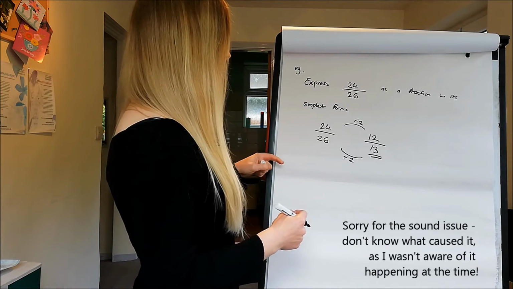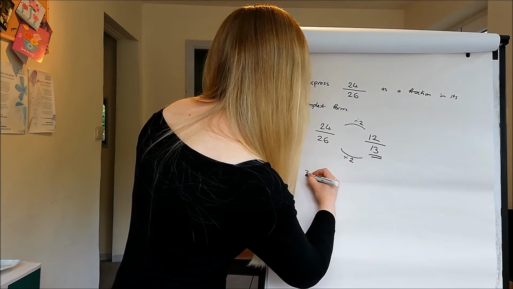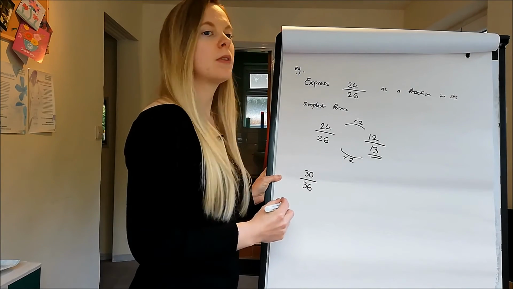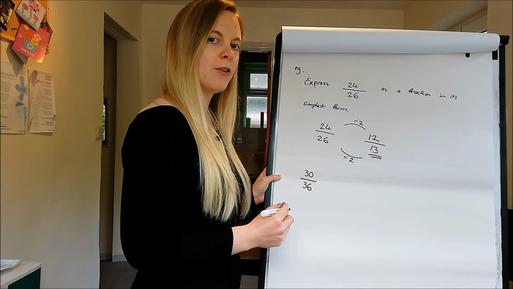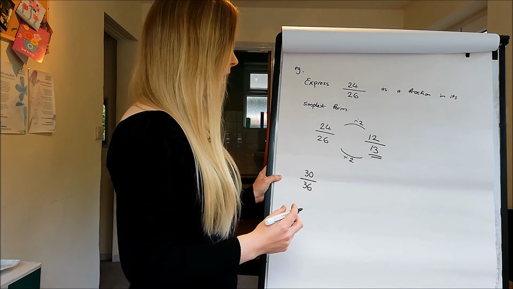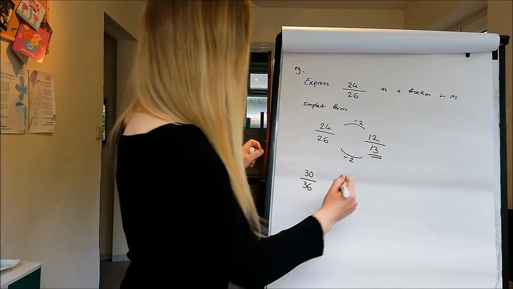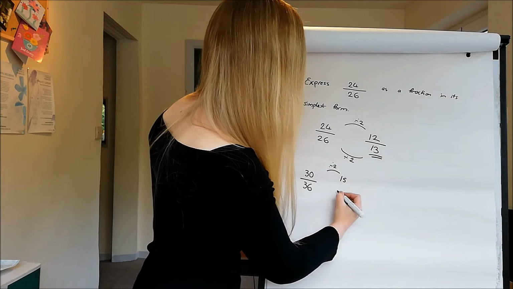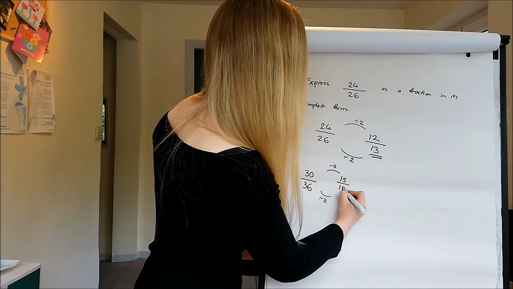So that's been cancelled down now, and it's in its simplest form. If you then express 30 over 36 as a fraction in its simplest form. Now again here, 30 and 36 are both even, so we can divide by 2 to give 15 on top, and we can divide by 2 on the bottom as well to give 18 on the bottom.